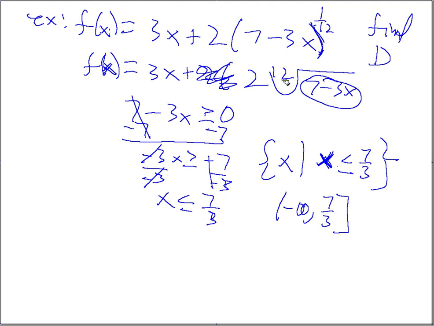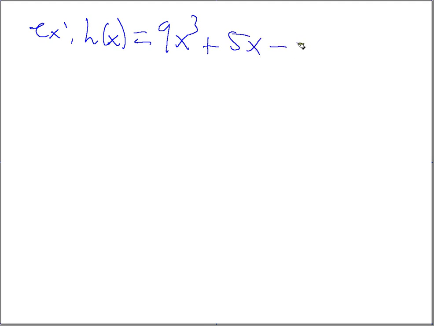If the root index is odd, I'm going to clear out the screen here. Real quickly, if I give you something like h of x equal to 9x cubed plus 5x minus the quantity x minus 1 to the 1/9 power, then again, just ignore this stuff here.